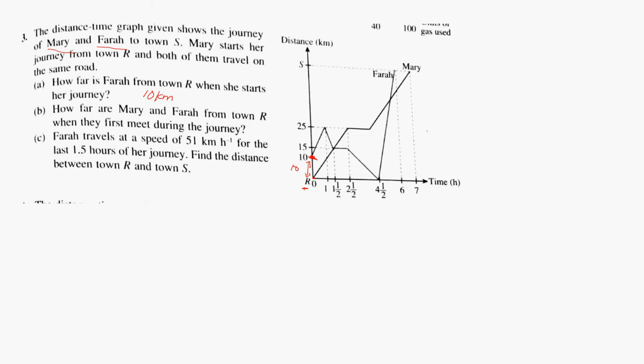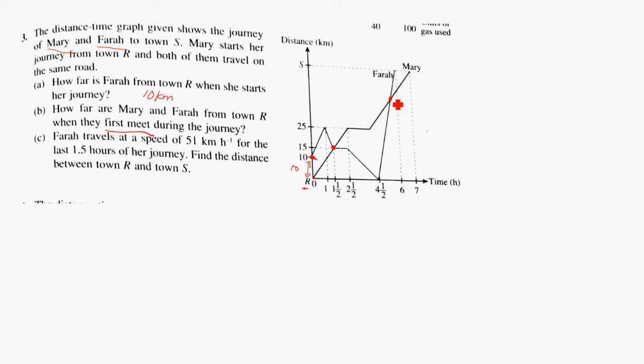Next. How far are Mary and Farah from town R when they first meet? First meet during the journey. When you look at this line and this line, the intersection point is here. That means they meet here. Here is also an intersection point, so they also meet here.